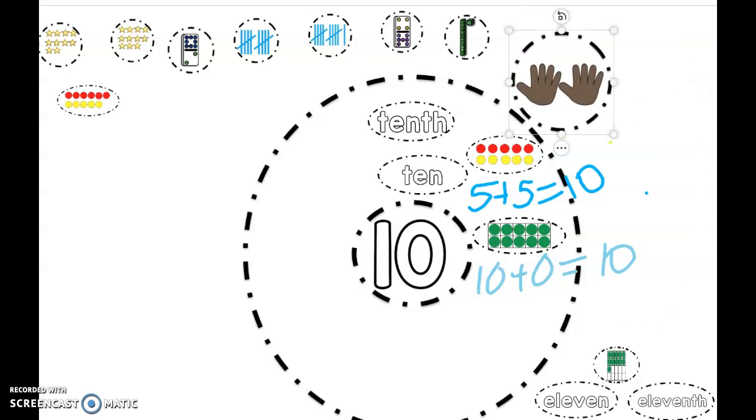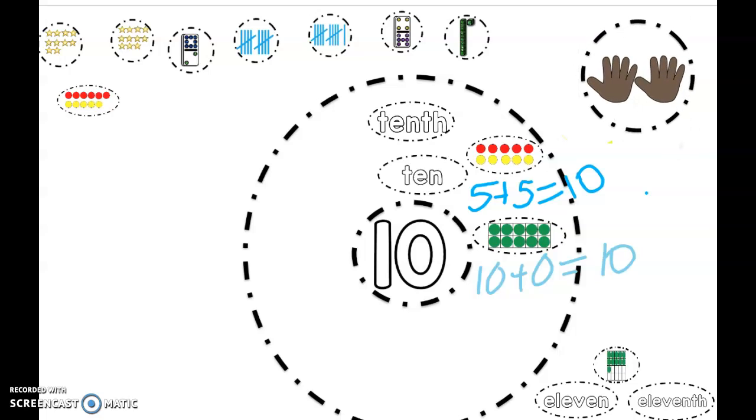All right, let's check our hands. Look, you've got both hands up. It's all your fingers. I have 5 on each. So if I have 1, 2, 3, 4, 5 here, and 1, 2, 3, 4, 5 here, 5 and 5, does that make 10? It does. We found that out over here with our yellow and red dots.